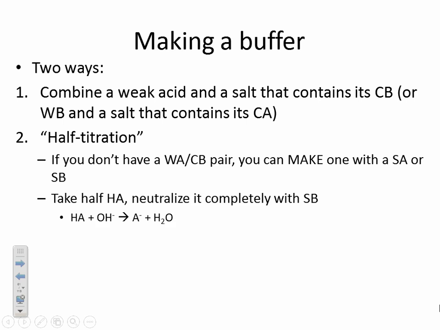The idea is, it's called half titration because let's say you have HA but you don't have A minus. Let's titrate half of our HA. Let's literally split our weak acid solution into two equal portions and react half of it with a strong base.